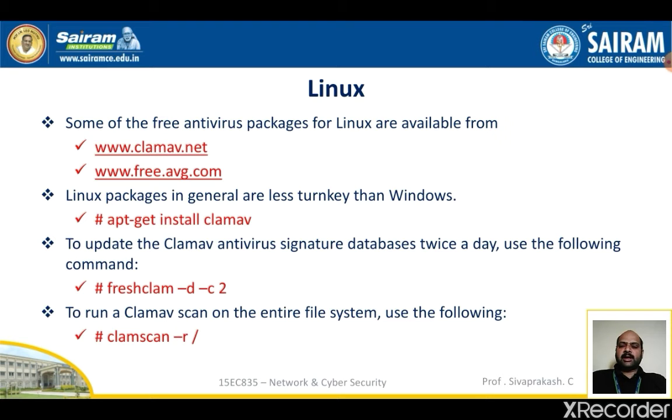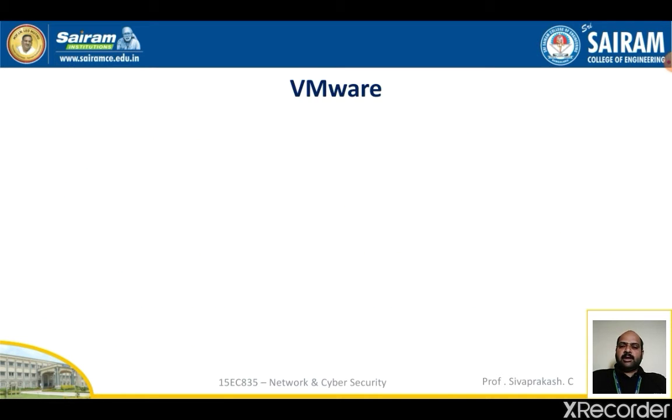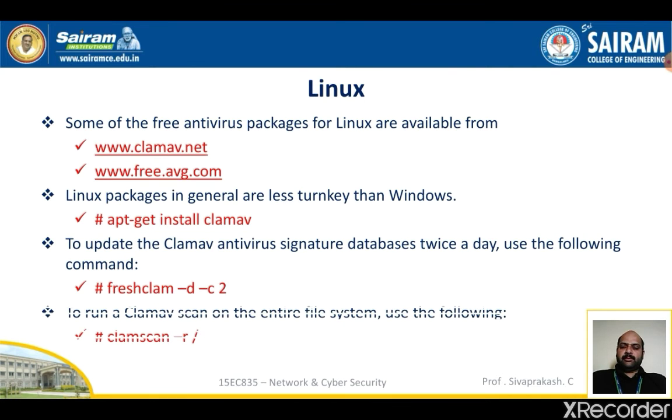To run a ClamAV scan on the entire file system, use the given command: clamscan -r /. The best way to verify an ISO or downloaded data is to run a hash against it.